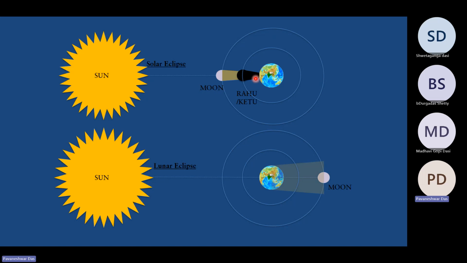And here we have a lunar eclipse. The sunlight is going to the moon, the moon is reflecting it back to earth, but it is blocked by Rahu or Ketu. In this area where we experience a lunar eclipse, we abstain from going out and doing any other activities.